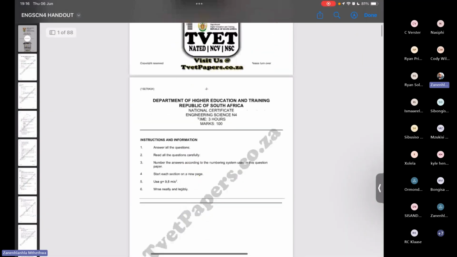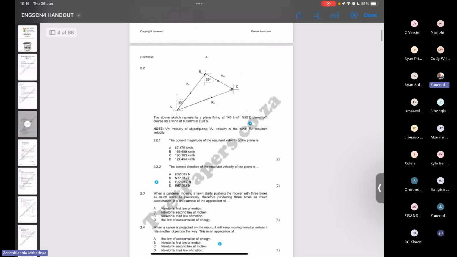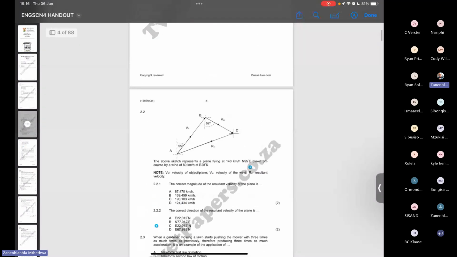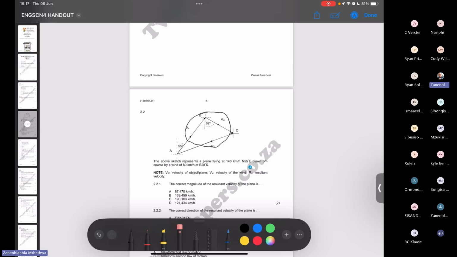I want to show you what I mean by sometimes the examiner. You see this one? Above sketch represents a plane of such and such course by wind. So if you're not familiar with the parallelogram method or vector diagram, this could easily throw you off.